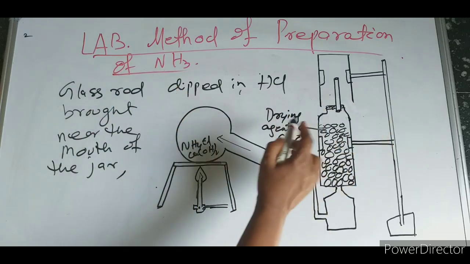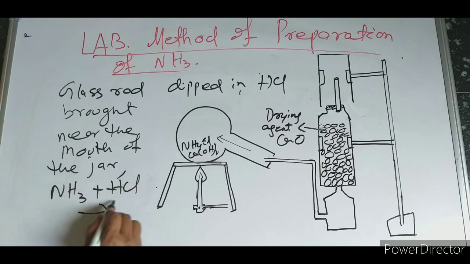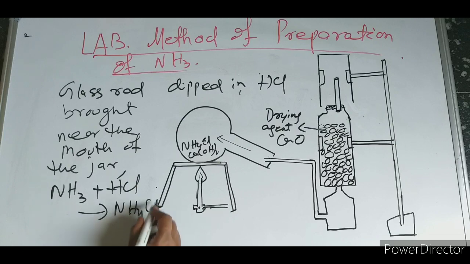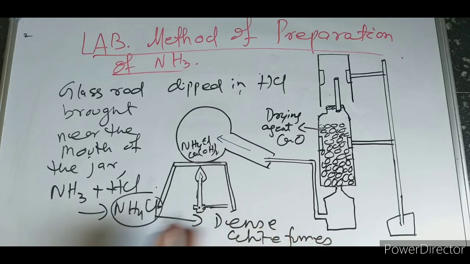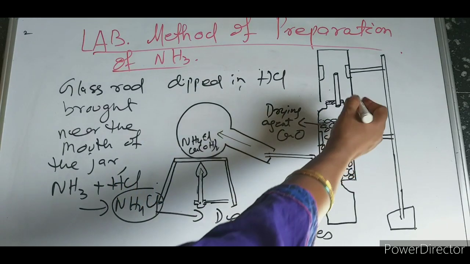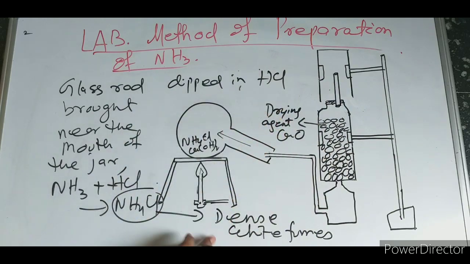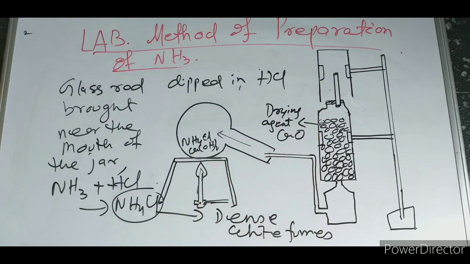Here this one is ammonia and this one is HCl. The product is ammonium chloride, and we know ammonium chloride forms dense white fumes. So when dense white fumes are seen at the glass rod, it is understood that the jar is filled.